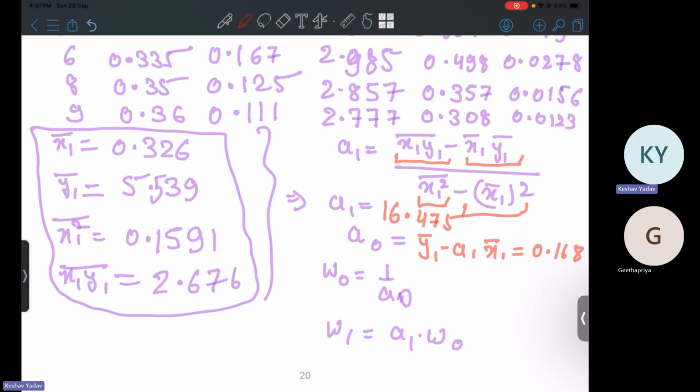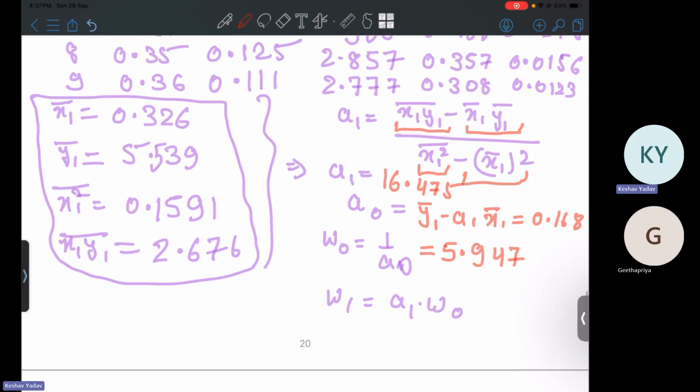We are getting 0.168 or something. If I take the inverse of this, we are getting 5.947.